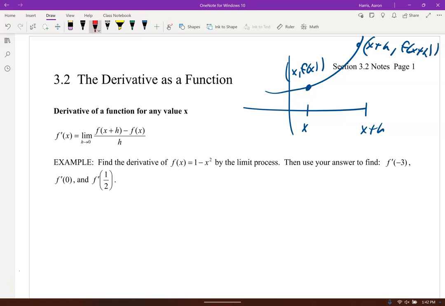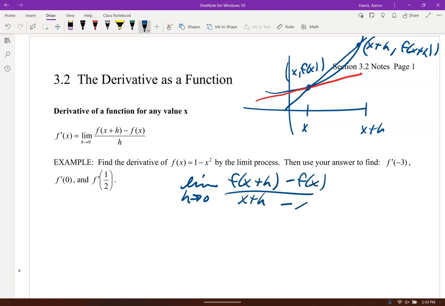And we said if I want that slope of the tangent right there, I'm going to have to use the slope of the secant, but the limiting process on that, right? So we went the limit as h goes to 0 of y2 minus y1 over x2 minus x1, right? And that was what our derivative was. Slope of the tangent line, which is the derivative at x, right?